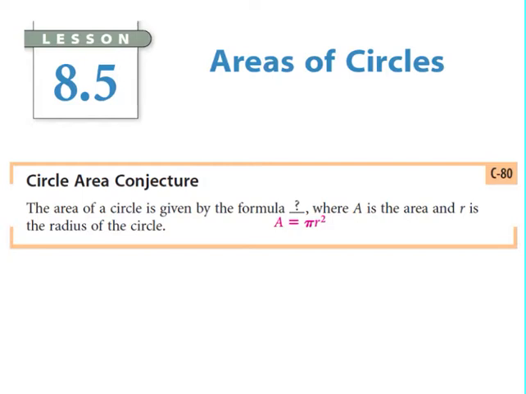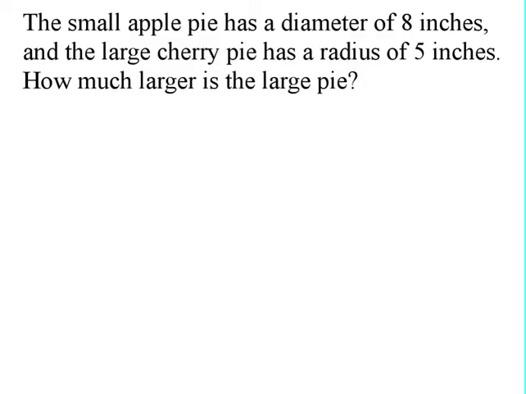Now we're going to look at the following example. The small apple pie has a diameter of 8 inches. The large cherry pie has a radius of 5 inches. How much larger is the large pie?